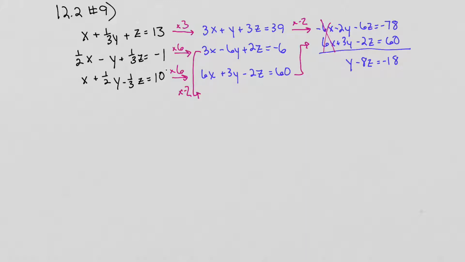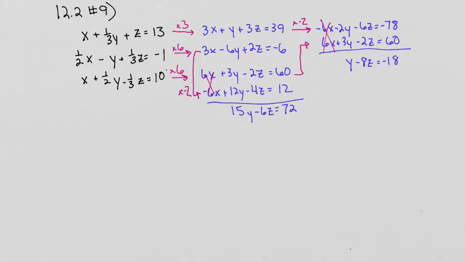So the middle one times -2, there's -6x plus 12y minus 4z equals +12. And double check. Okay, now adding these 2 together, the x's are eliminated here. There's 15y minus 6z equals 72.